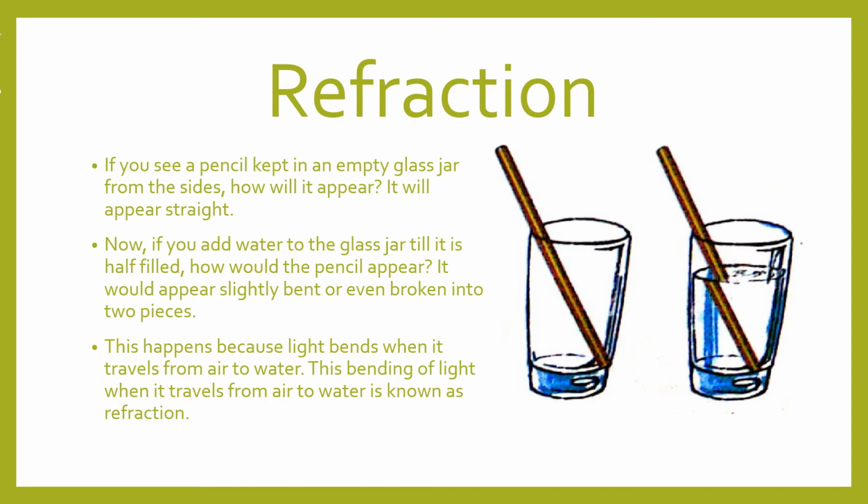The second property we have already learned, that light travels through air and light travels through water. But these are two different mediums. So from air, light is going into the water. That's why the light bends. This bending of light when it travels from air to water is known as refraction. Okay, children?